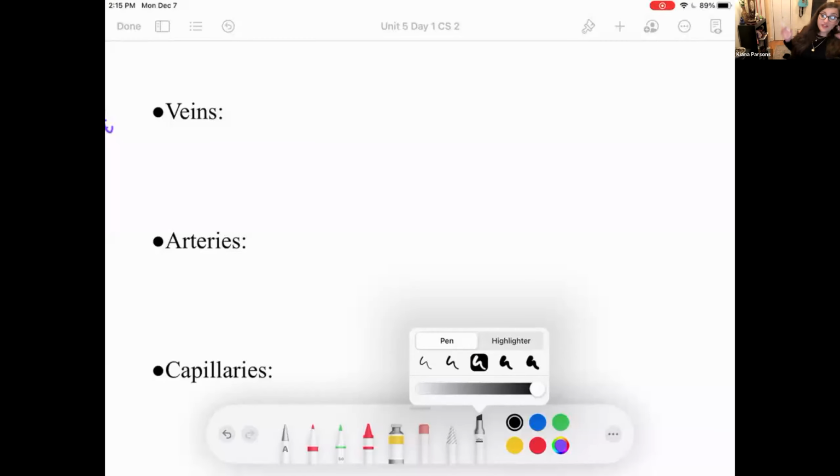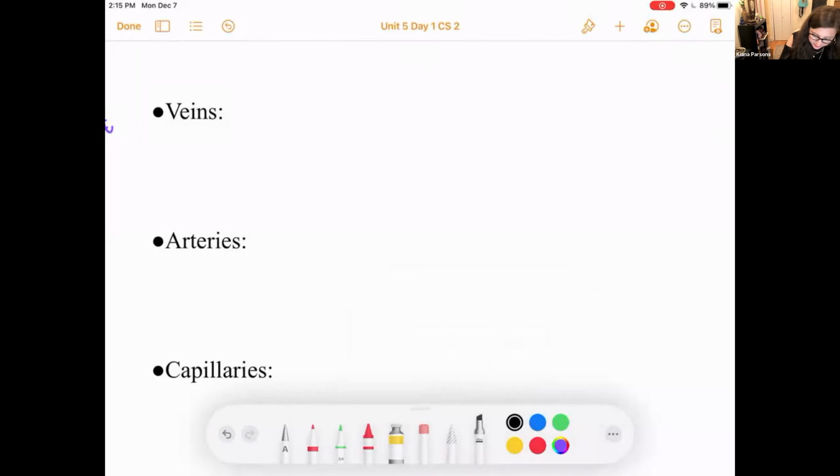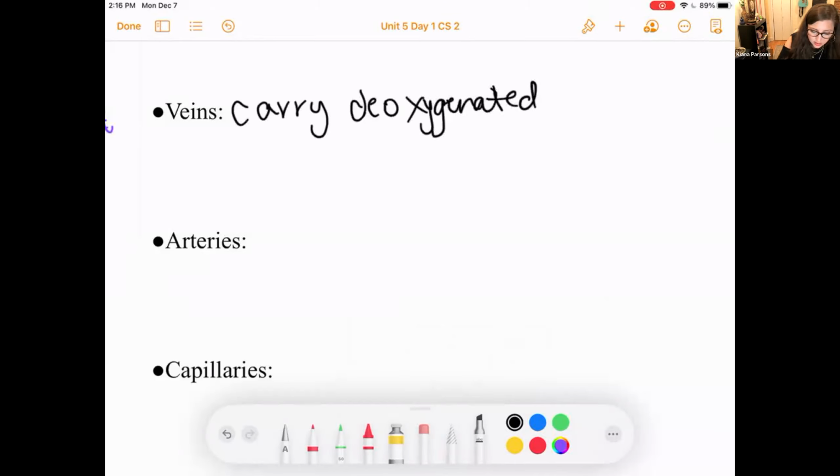So we've got here the veins, and remember the veins carry deoxygenated, or without oxygen, blood.